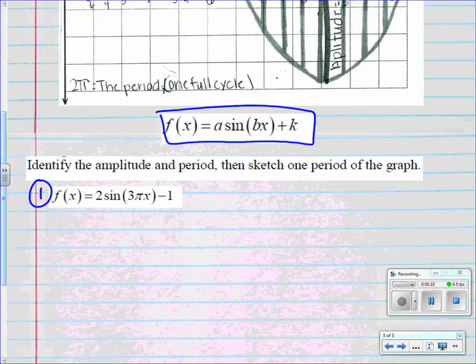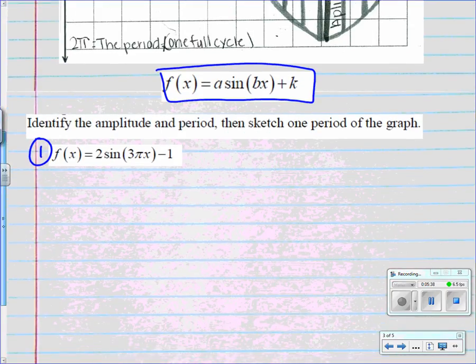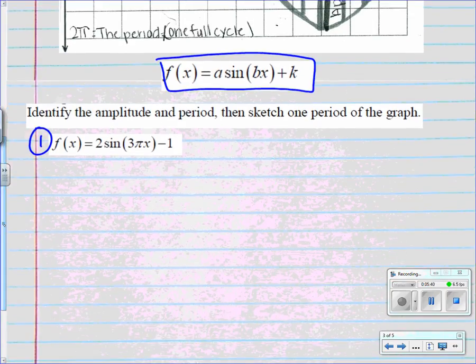Okay, first thing that we're going to talk about is the amplitude. Now, you wrote on page 45 that the amplitude is what? Half the difference between the max and the min. So, looking at the equation, the amplitude is always the number in front of sine or in front of cosine.